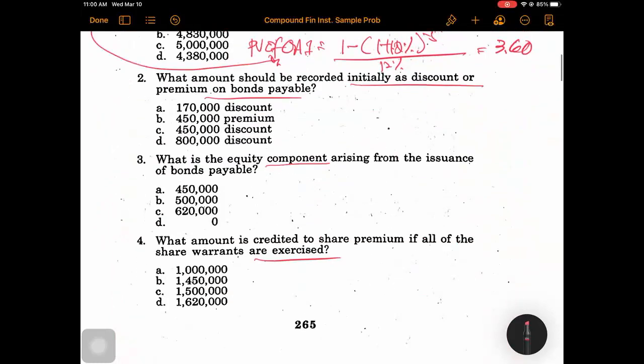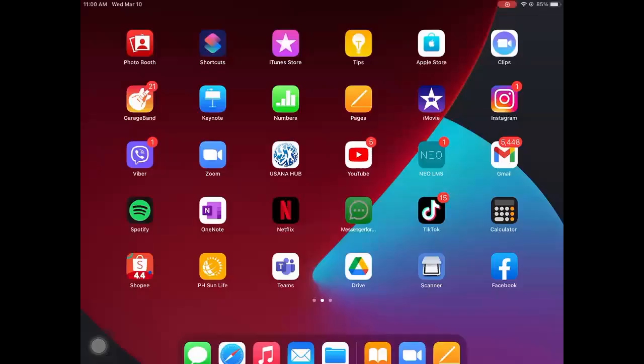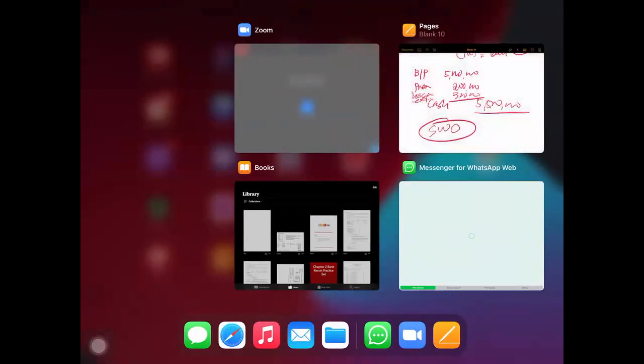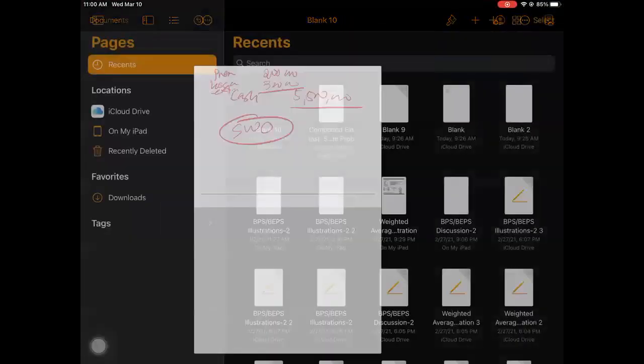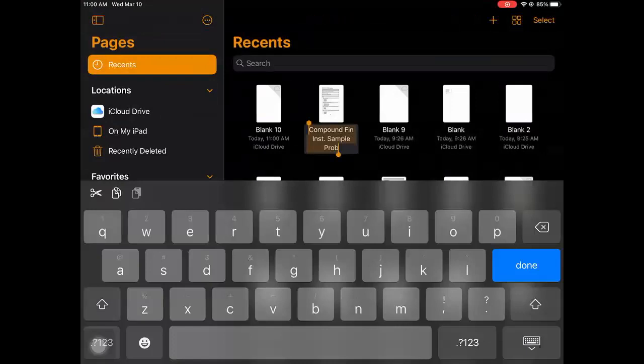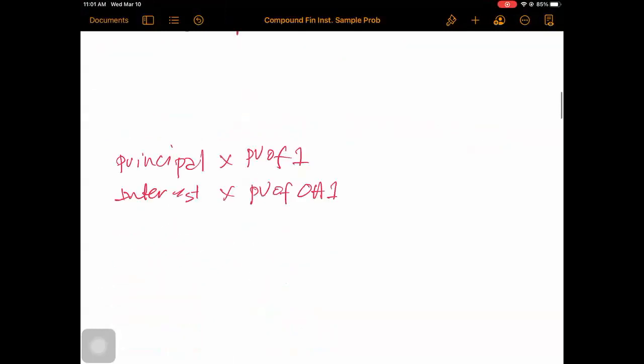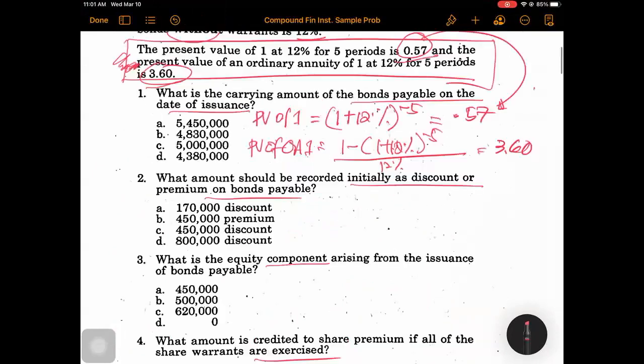Tapos pila atong principal? Our principal is 5 million. Pila tong PV of 1? That's 0.57.